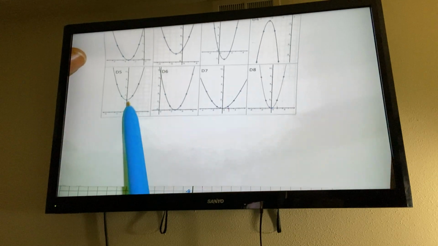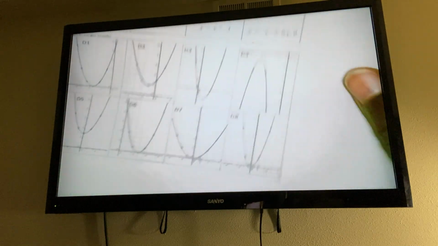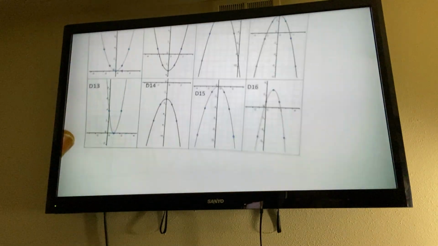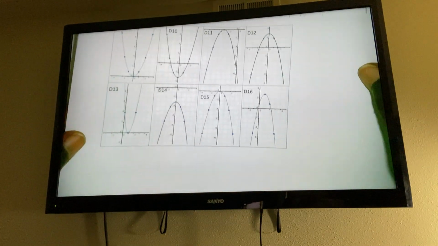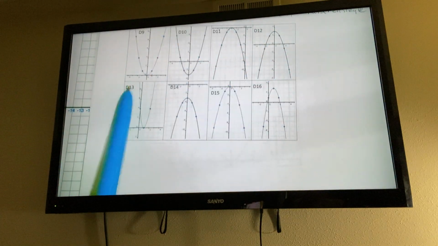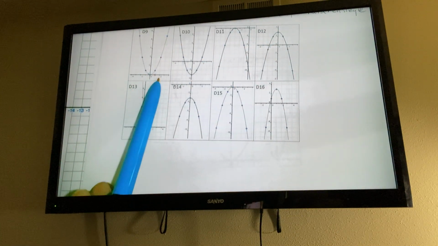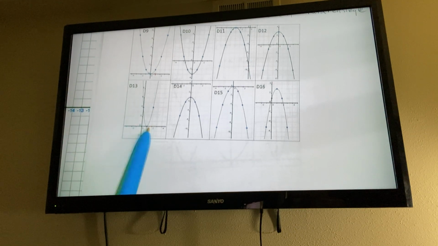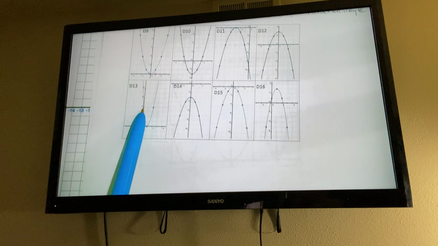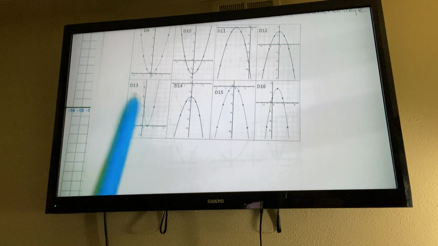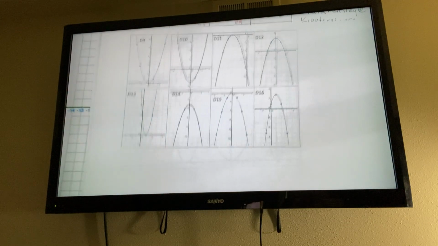Okay, and that's no good, so it's not on this page. So on this page, we got two graphs that are going up. Well, that's 0, 1. We know it's not that one. And this is the only one. And as we can see, it has our y-intercept labeled also. Ding, ding, ding, ding. There's the winner.